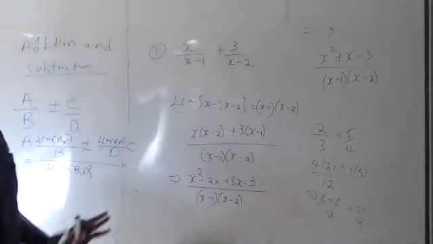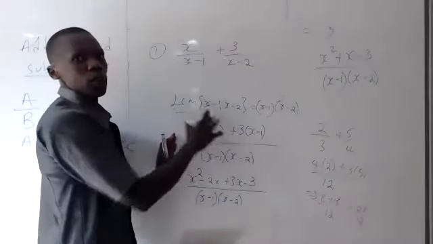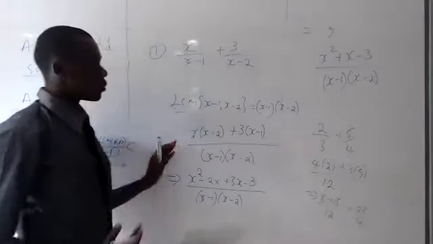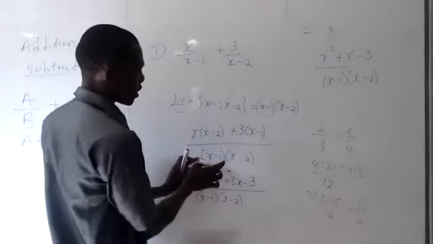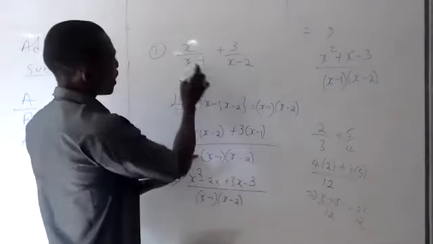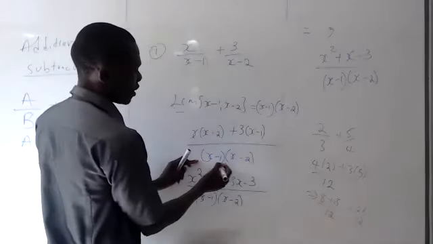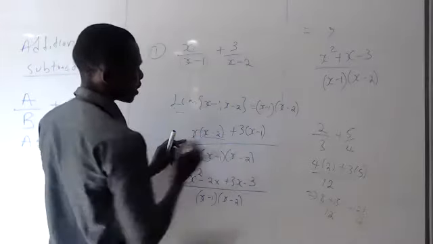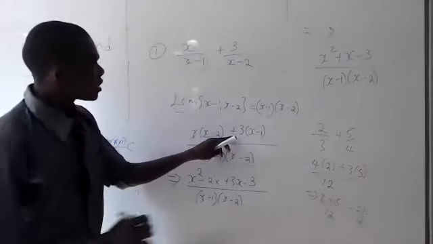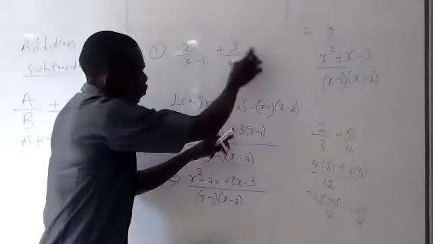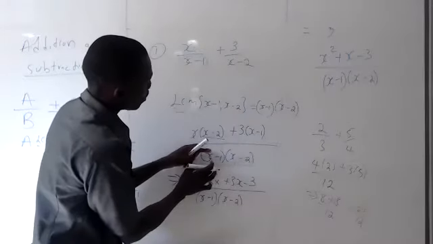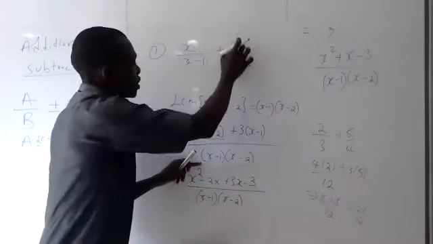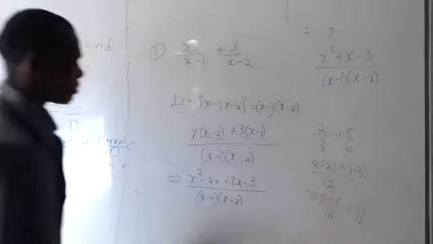That is the exact same thing we're doing here, except that we're not dealing with numbers, we're dealing with polynomials. So the LCM is x minus 1, x minus 2. Now x minus 1 will divide this LCM x minus 2 times. So we take x times x minus 2, plus x minus 2 will divide the LCM x minus 1 times. So we take x minus 1 times 3, which is what we have here.